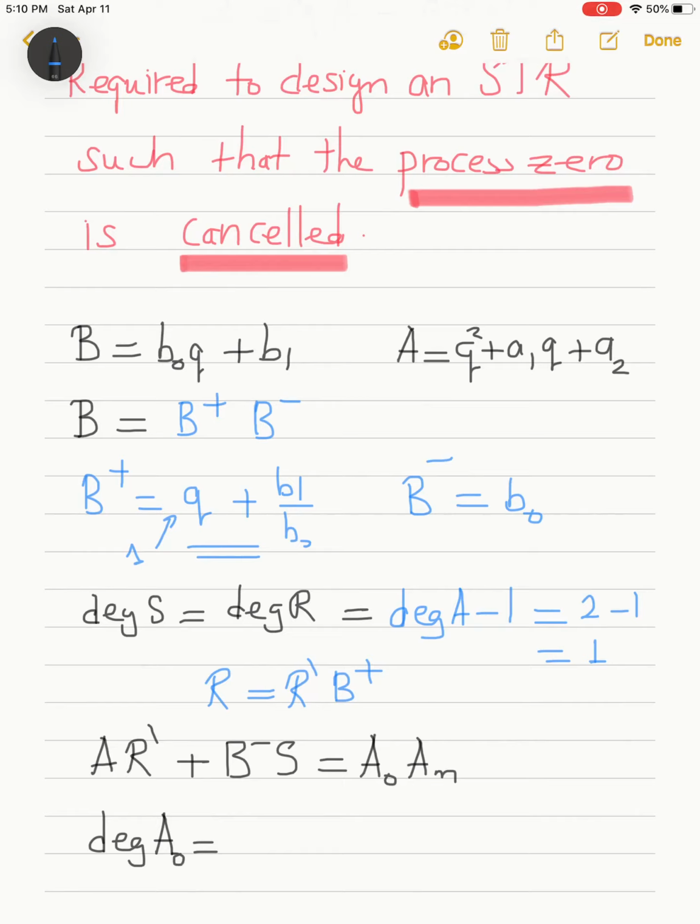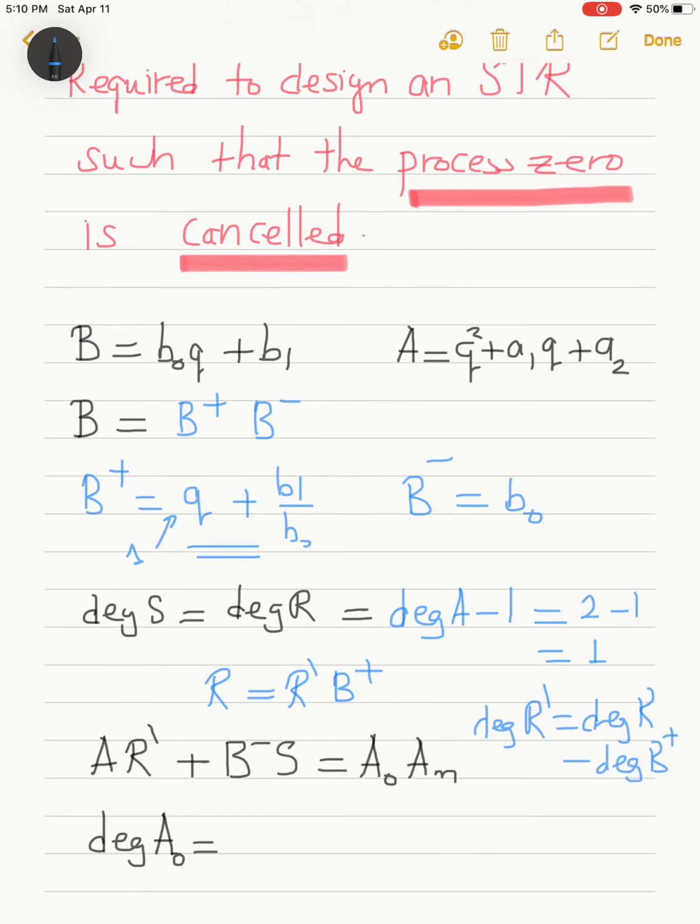Now we know that the degree of S is 1. We need to find the degree of R' and the degree of A0. The degree of R' would be the degree of R minus the degree of B plus.